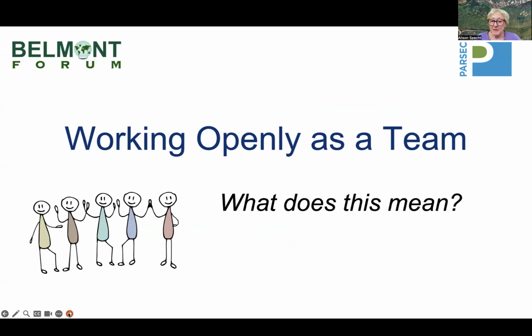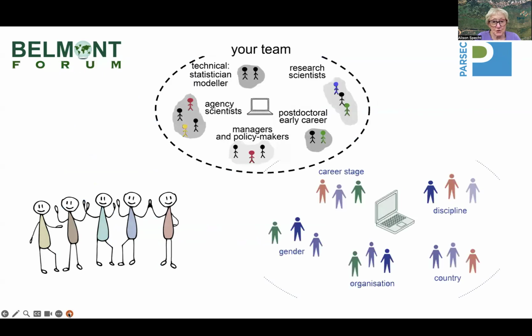So working openly as a team, what does this mean? There are many aspects to helping your research team work well. So your team, again, if you're in a Belmont Forum project pipeline, you will probably have designed a project that requires quite a bit of inherent diversity.